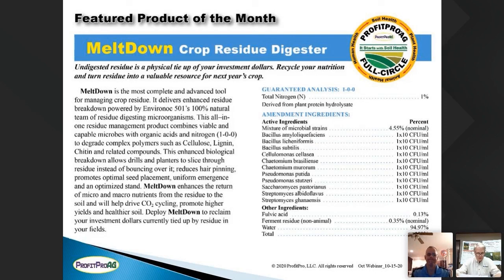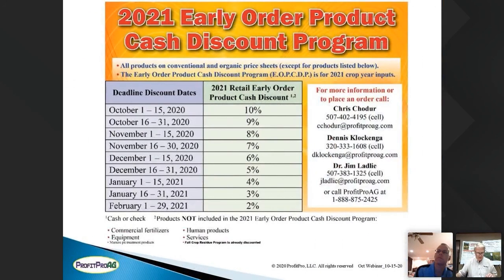Now, to close it out, we also can help you because we have an early order cash discount program. And Dennis, can you kind of tell us how this works and where we're at right now on the early order cash discount program? Right now we're at 9% if you prepay by October 31st, so Halloween.